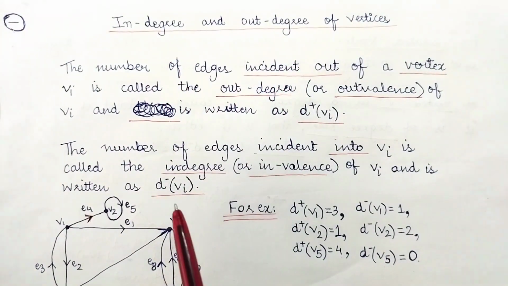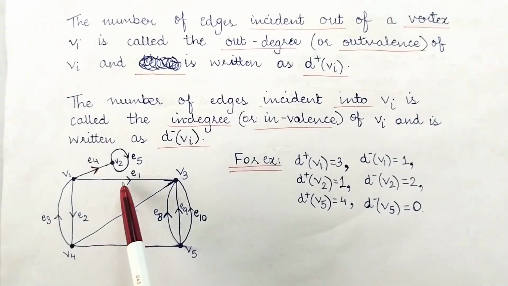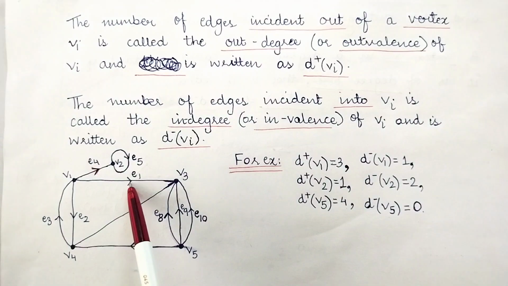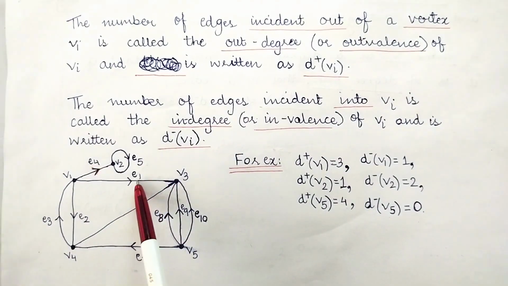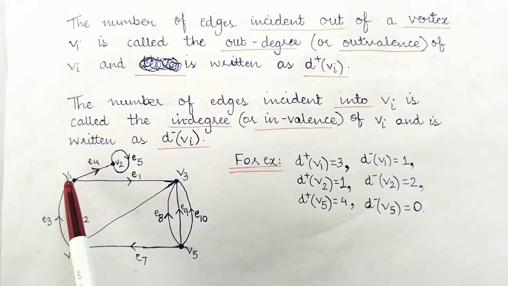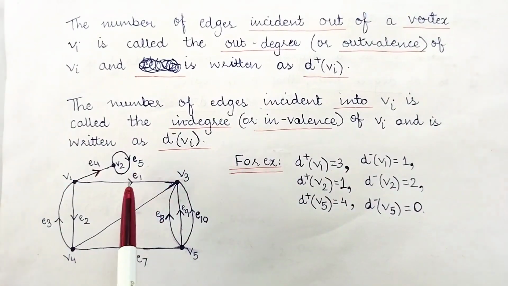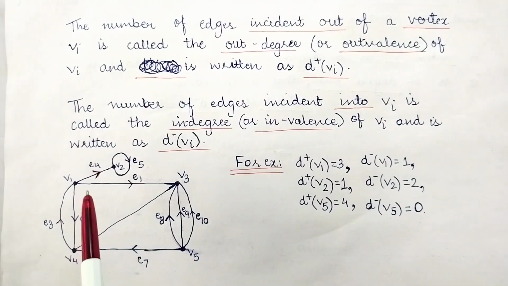So basically you know that in a directed graph there are directed edges. That means arrows are on the edges, and the direction of the arrow tells you in which direction that particular edge is going, that is, from which vertex to which vertex that edge is going.